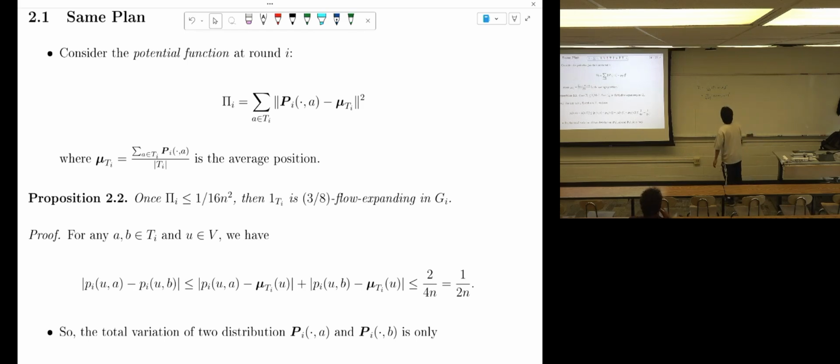Good. And this thing we know is less than 16. So it means that each individual term is less.